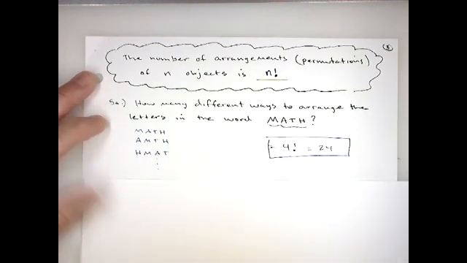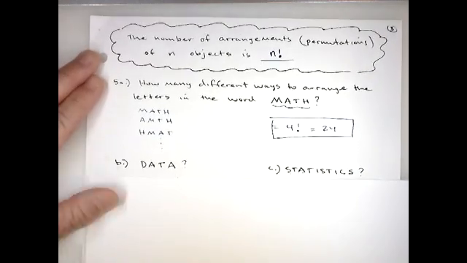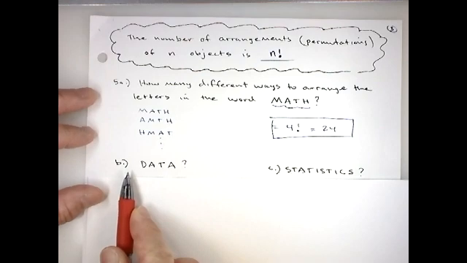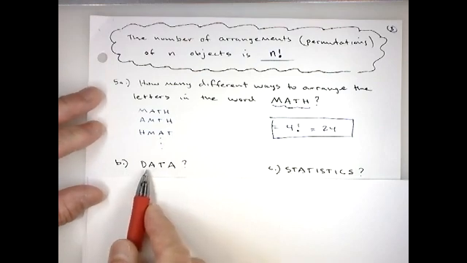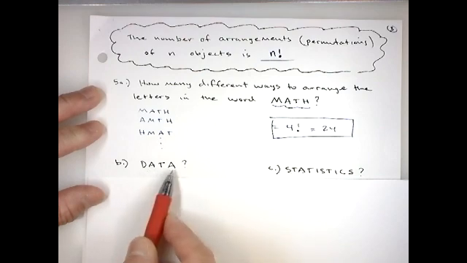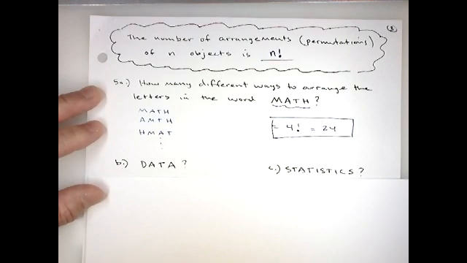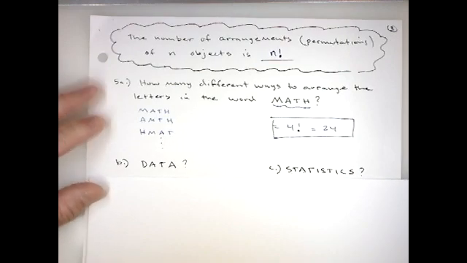But what I want to use this for is, what if you were counting the number of ways of arranging the letters in the word data? And what's different about data is those 2 A's would be indistinguishable. We can't tell the difference between them. In other words, if you move this A over here and this one over here, to me it looks the same, right? And so that would not be counted as a different arrangement.